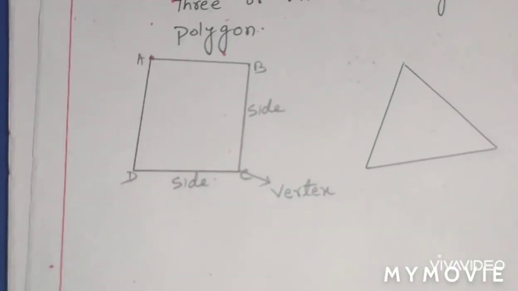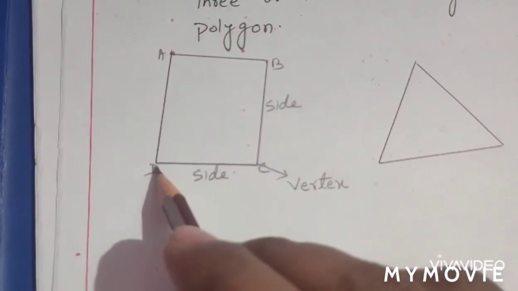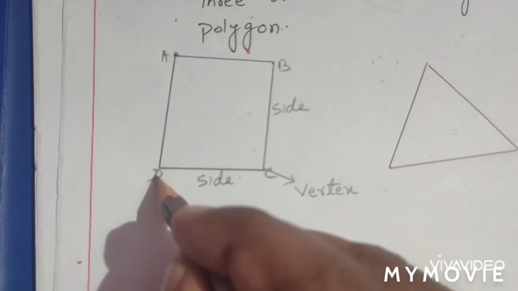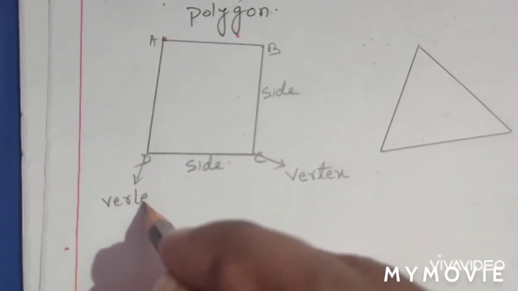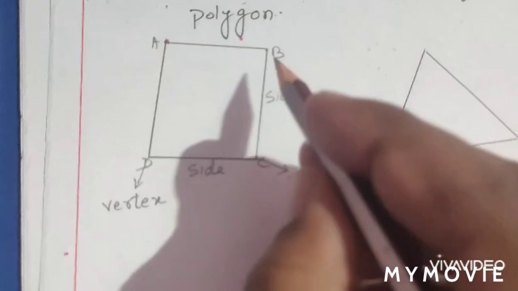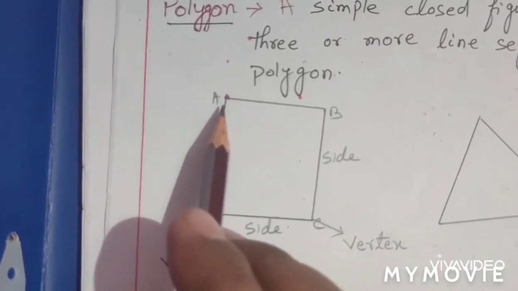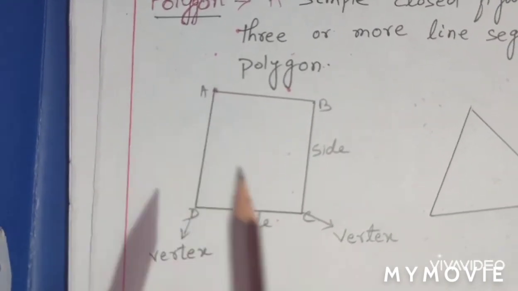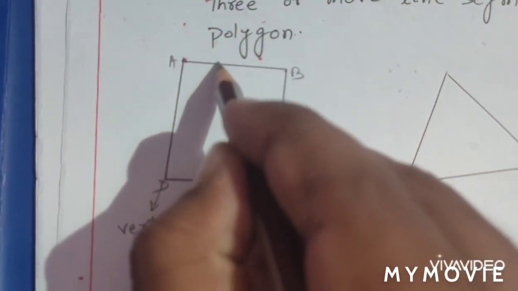This is your vertex. If this is a vertex, then what will this be? This is also a vertex, you can say. Vertex, vertex. And this is also one vertex. Got it? So this is your side, this is also a side.